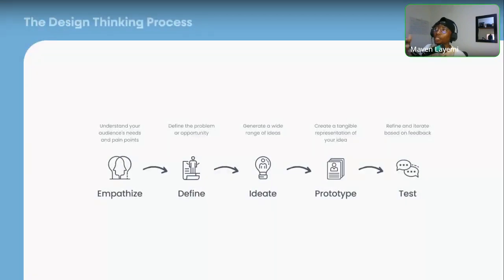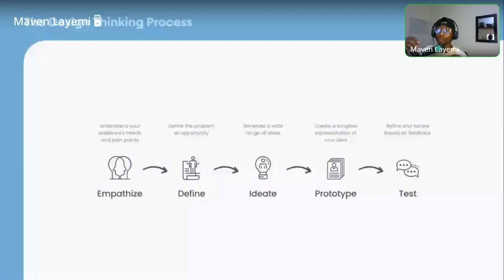If you are given a brief to make a design, you want to understand the audience, the stakeholders, and the clients. Let me make it plain. The client that gave you the project to work on, and also the target audience. You want to understand them. That is what empathizing means.